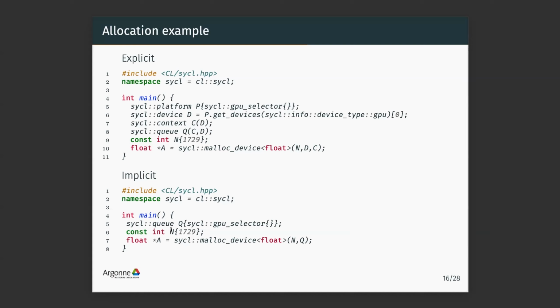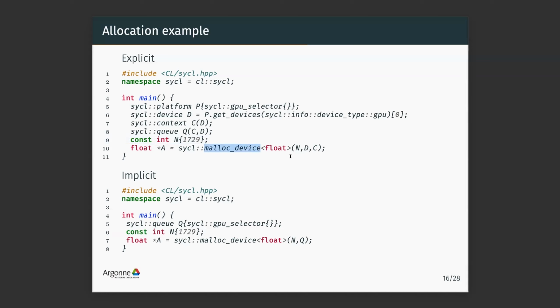Here is an example. I take the more explicit approach and the implicit approach that we saw before, and I allocate memory here in the most explicit way, right? In the Zen of Python, they say explicit is better than implicit. So here I'm super explicit.